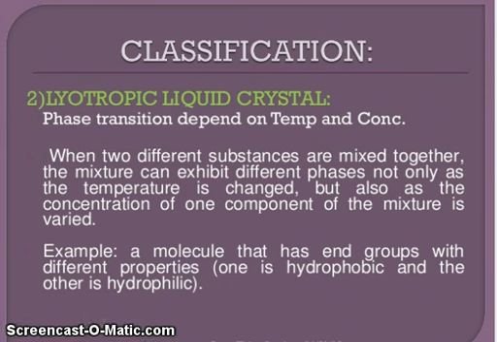So phase transition depends on temperature and concentration. When two different substances are mixed together, the mixture can exhibit different phases, not only as the temperature is changed, but also as the concentration of one component of the mixture is varied. For example, a molecule that has two groups with different properties, one hydrophobic and the other hydrophilic.